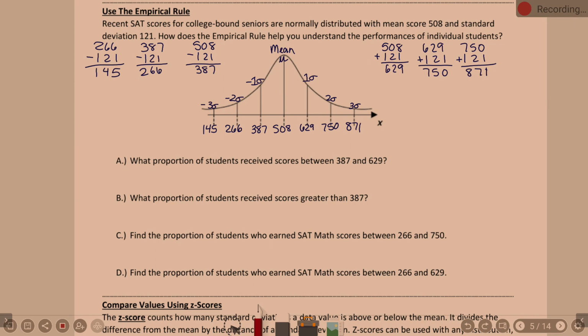What proportion of students received scores between 387 and 629? Is it coincidence that 387 and 629 are two of the numbers we just came up with? Not at all, is it? Notice 387 is one left of the mean, 508. 629 is one right.